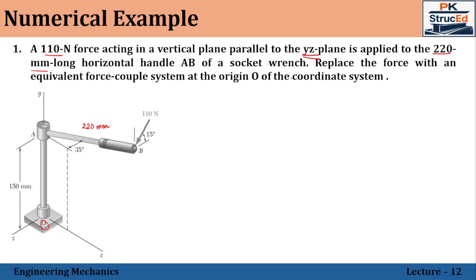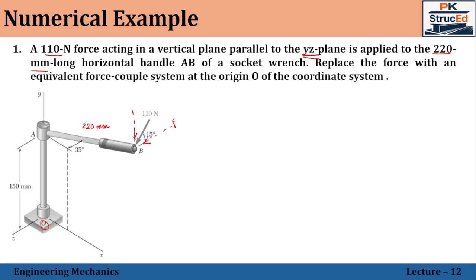Remember, the force is parallel to the YZ plane, which means it will not have any X component. Now resolving this force, the angle is given as 15 degrees with respect to the Z axis, so 110 cos 15 will give the Z component of the force. Similarly, the component towards the Y axis will be going in this direction, whereas the Z component will be going in this direction.